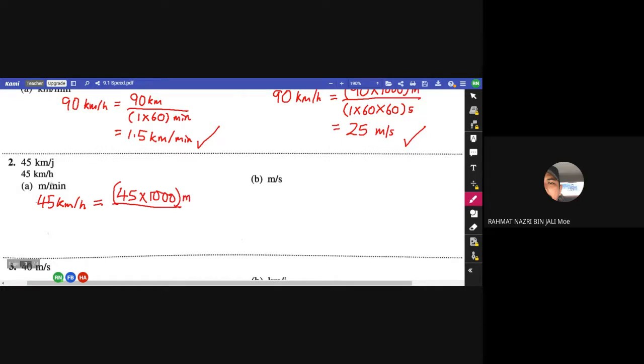And then hour change convert to minute. So 1 multiply with 60. And what is the answer for A? Number 2A, 750 meter per minute. Okay, correct. 750 meter per minute.